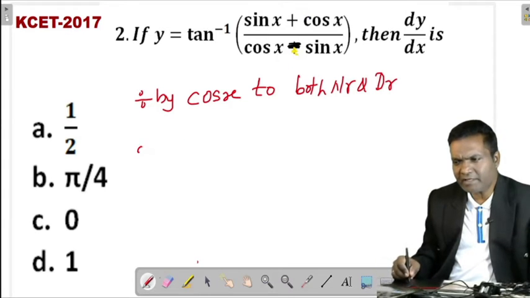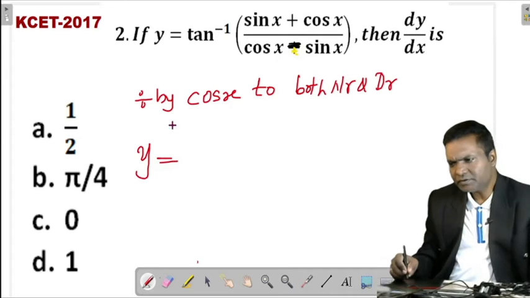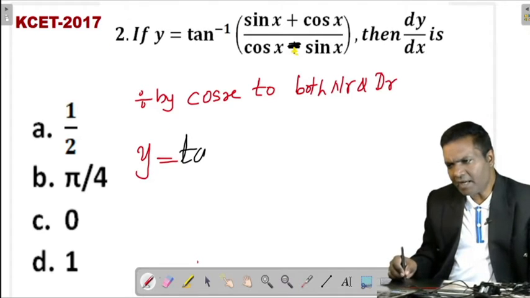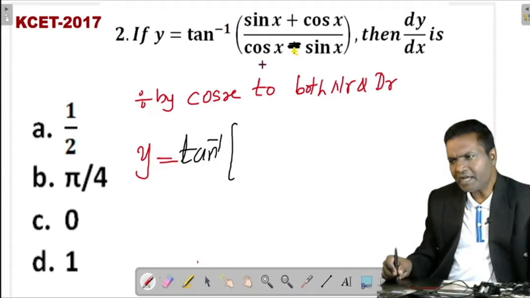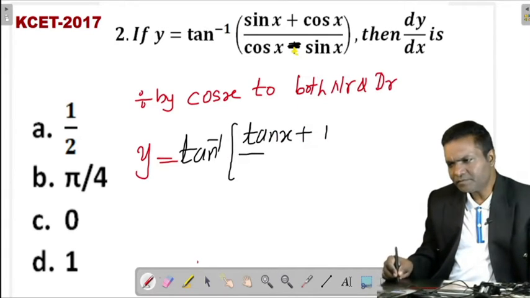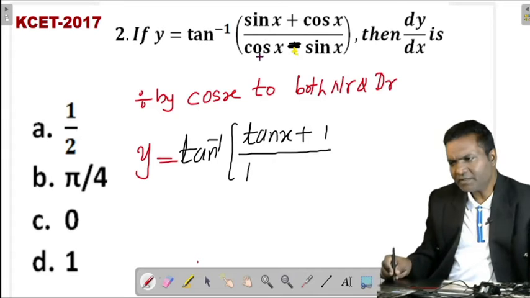So what will you get? You will get y equals tan inverse of sin x by cos x, meaning tan x, plus cos x by cos x meaning 1, divided by cos x by cos x meaning 1, minus sin x by cos x which is tan x.